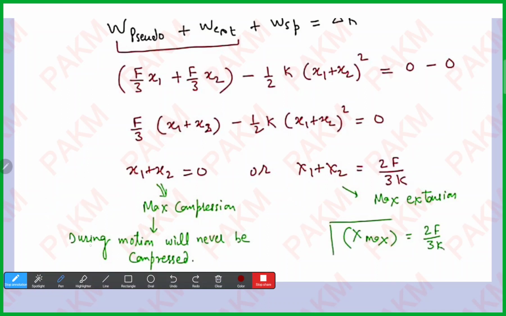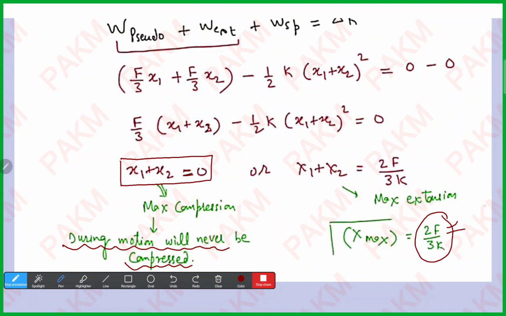During the motion it will never be compressed. The maximum compression is 0, meaning no compression takes place, and the maximum extension is 2F by 3k.